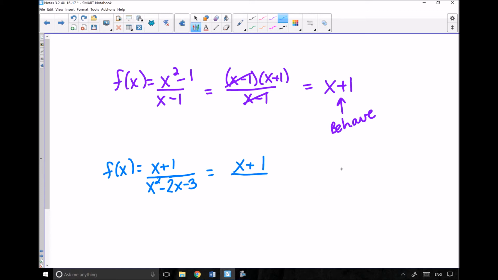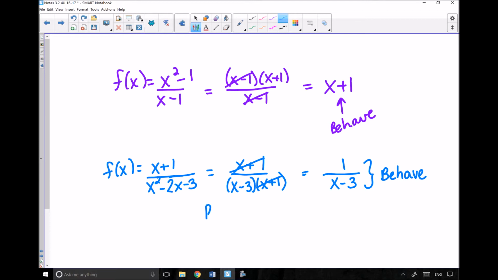So I get x plus 1 over x minus 3 times x plus 1. This x plus 1 and this x plus 1 will cancel, and I have an x minus 3 left over in my denominator. So I know that it's going to behave like 1 over x minus 3. Okay, and we'll verify that with decimals in a minute.